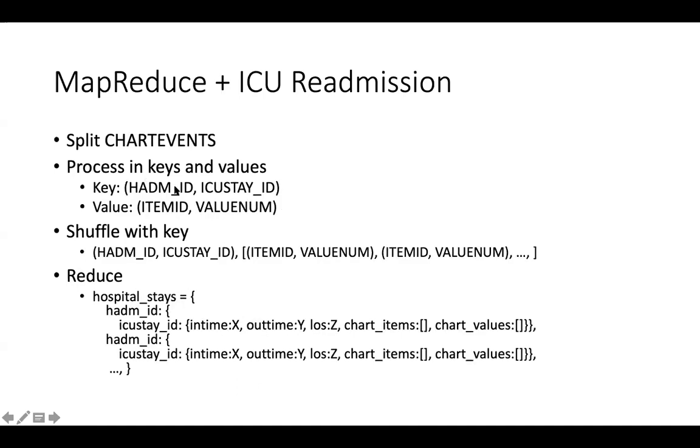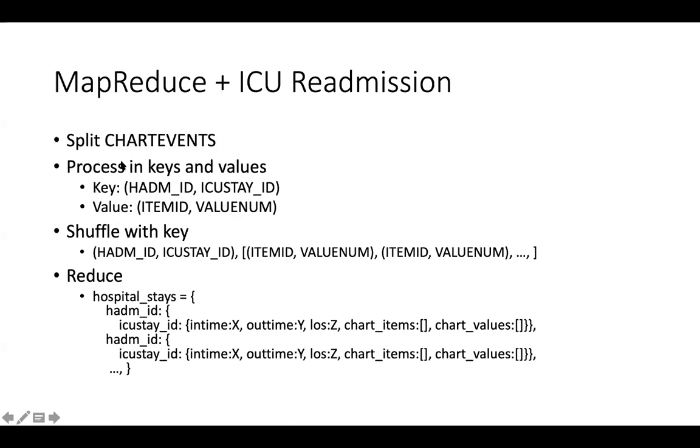That's why we're using two keys here. The values would be the item ID, the features like blood pressure, temperature, respiratory rate, heart rate, and the value number would be the actual values. Then you process in keys.